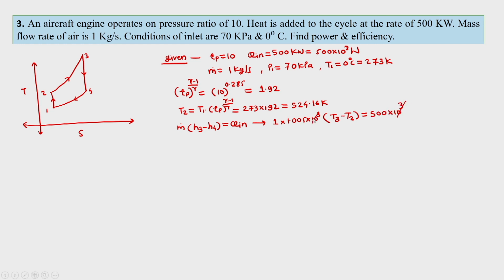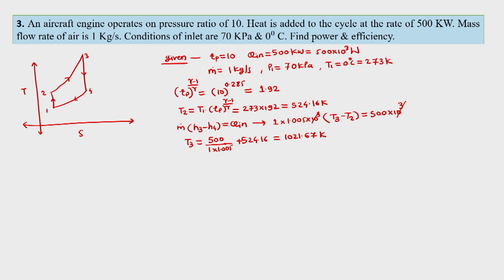So 10 to the power 3 gets cancelled. So we get T3 is equal to 500 divided by 1 into 1.005 plus T2, and T2 is 524.16. So for us T3 turns out to be 1021.67 Kelvin.